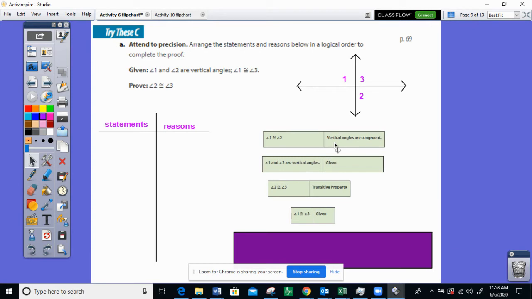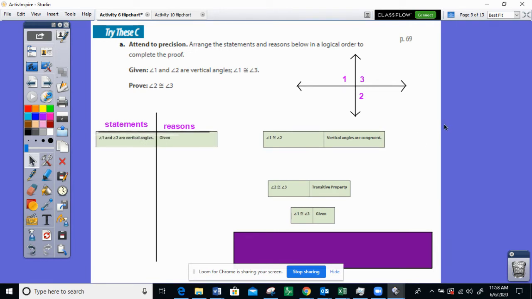So we're given that angle 1 and angle 2 are vertical angles, and we're also given that angle 1 is congruent to angle 3. Okay, so which of these pieces of given information should we put first? Let's go ahead and put that angle 1 and angle 2 are vertical angles.